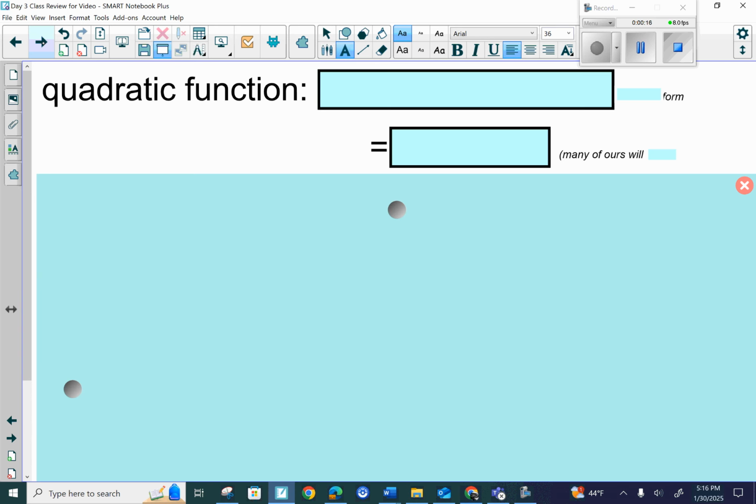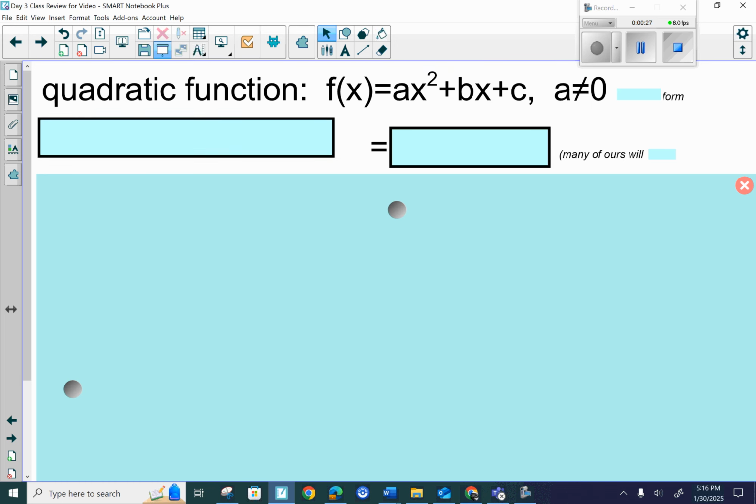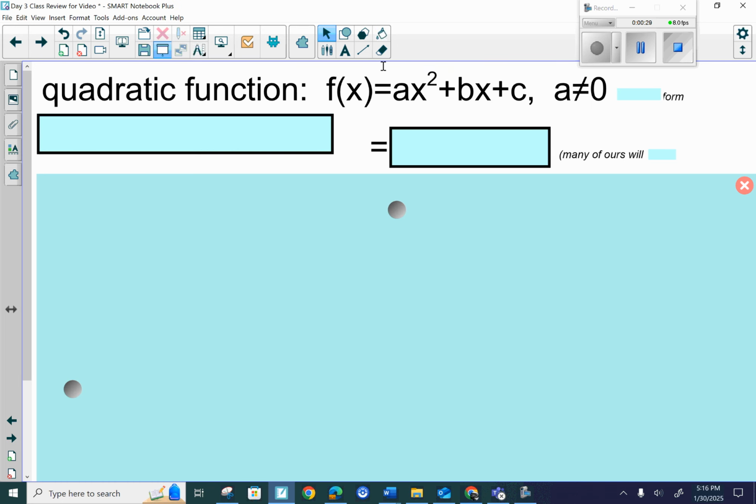So let's start. A quadratic function, you should know the definition so that you recognize what they are when you hear the word quadratic. They are any function that can be written in this form: ax squared plus bx plus c, where a is not equal to 0.